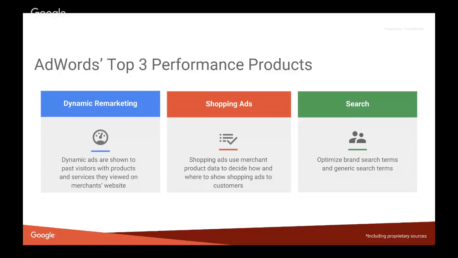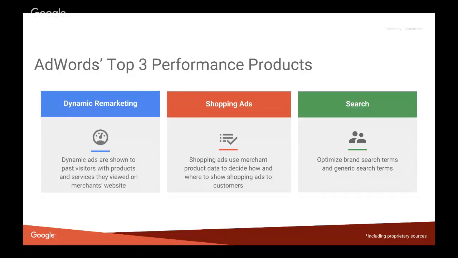So for example, if you're selling a fashion product as an advertiser, and your user visits your website and browses shoes, our ads will show all the different kinds of relevant shoes to this particular user, because we already found out that this user is interested in shoes. So this is dynamic remarketing that will be able to show relevant dynamic ads based on different product categories, and cater for user site behavior.